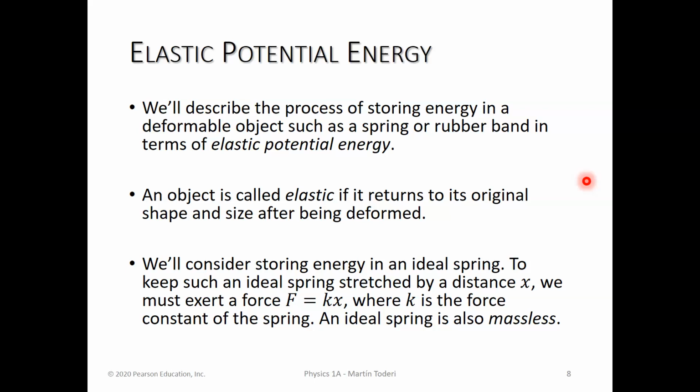If you can recall, we took a look at Hooke's law, which defines the way a spring or something that has a restoring force behaves, and that force was dependent on the position. An object is called elastic if it returns to its original shape and size after being deformed. Let's just think about a spring or a rubber band.